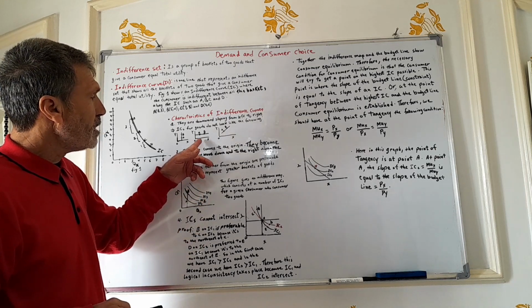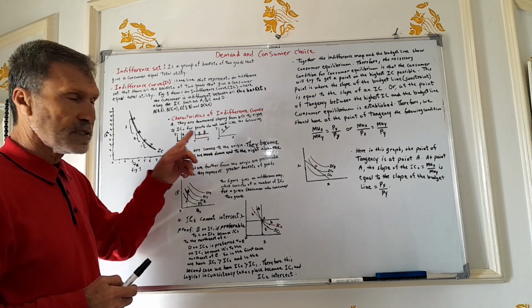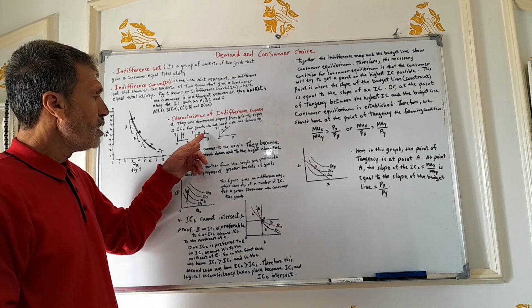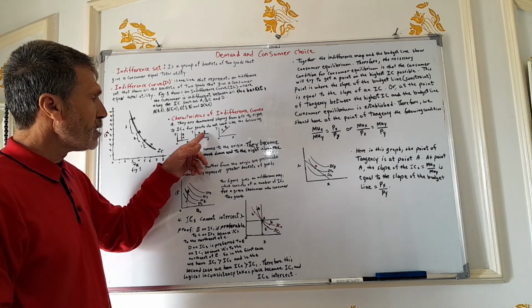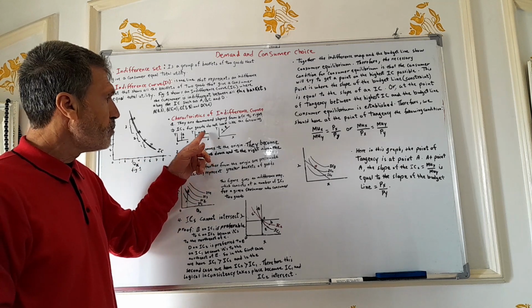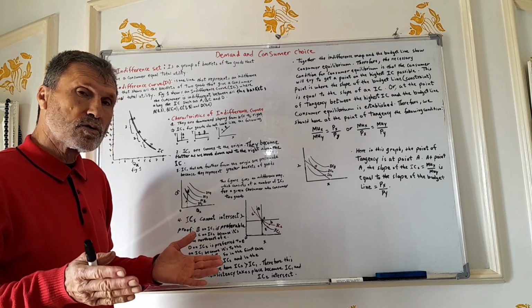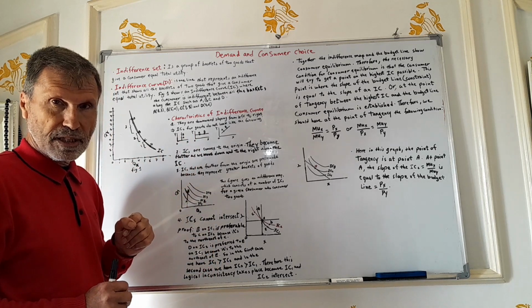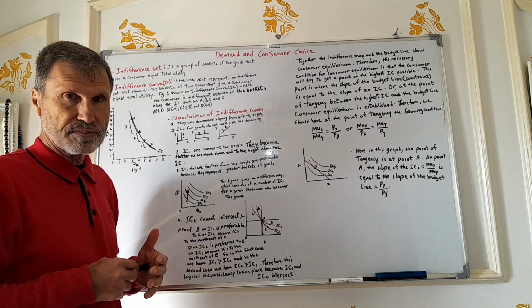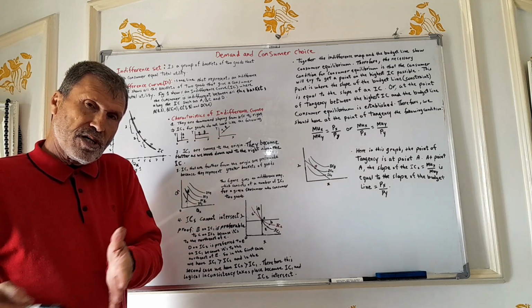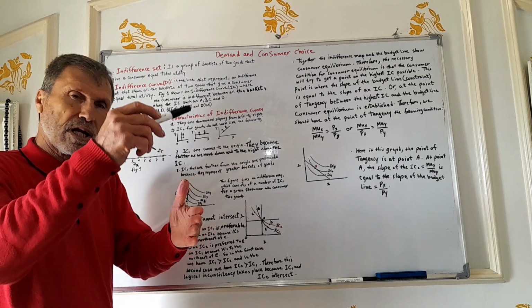If we look at this horizontal line, it consists of two bundles, A and B. As you can see, B has more units of good X, and no less units of good Y. Therefore, B is preferable to A, and the consumer would not be indifferent between A and B. Therefore, a horizontal line cannot form an indifference curve, because an indifference curve means that the consumer is indifferent between all baskets along the curve.